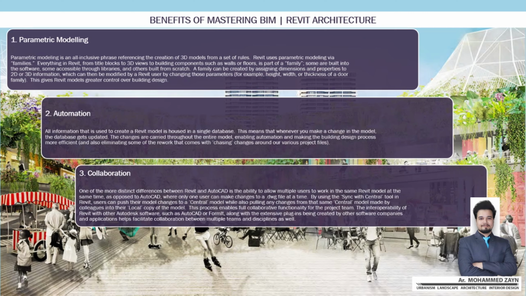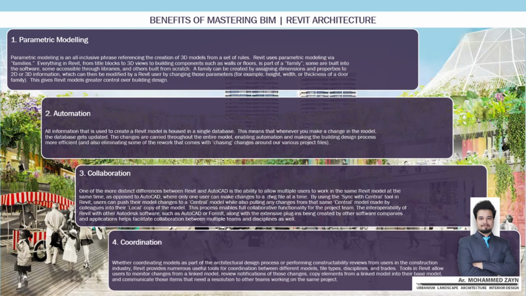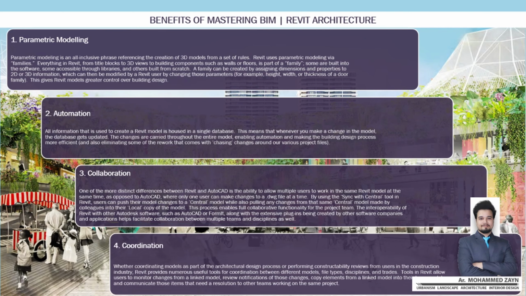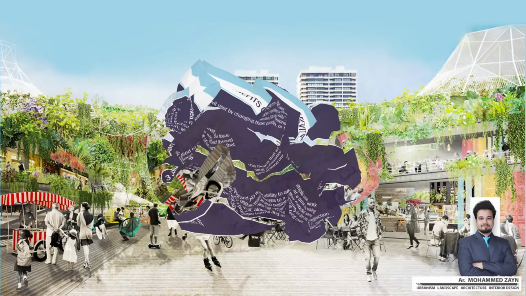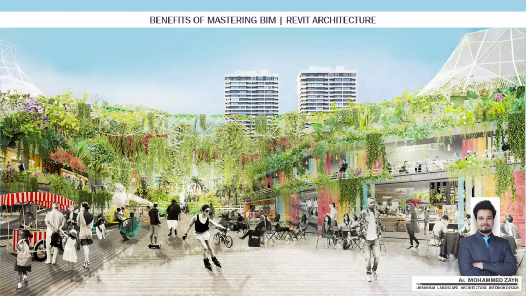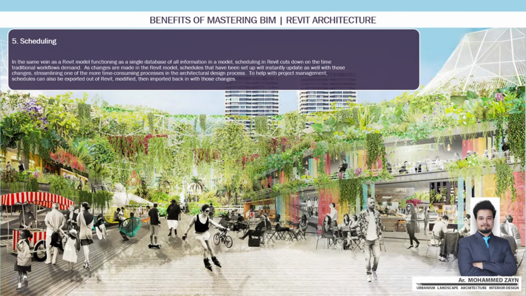We can do automations, we can do collaborations, and the most important thing is we can do coordinations. These days, MNC companies are looking for people who can find clash detections. The software itself will show the clash detections. We can't do the old school ways, like we used to do in AutoCAD, combining all the types of services.